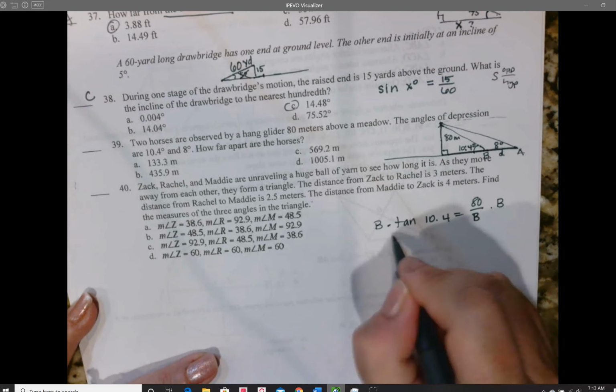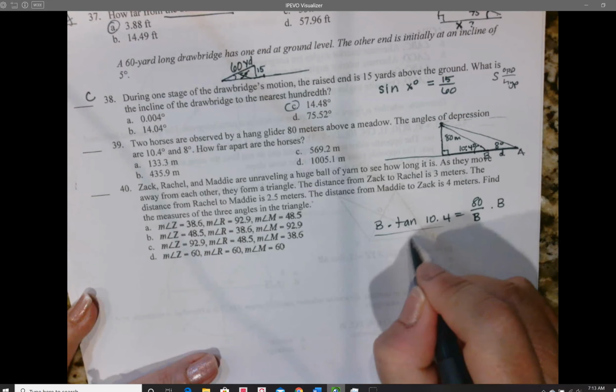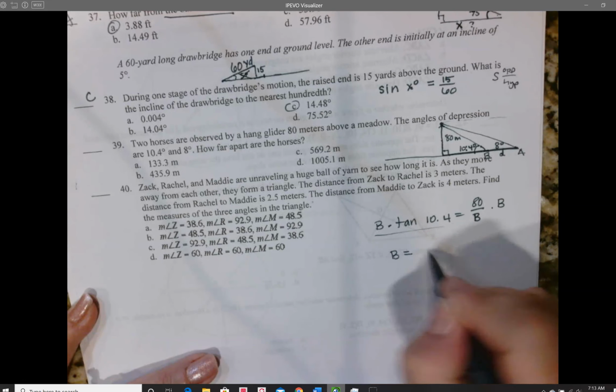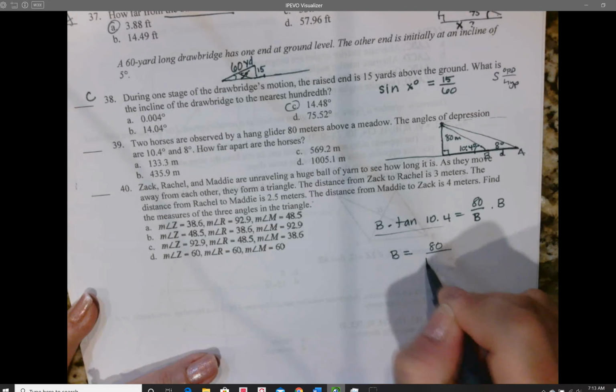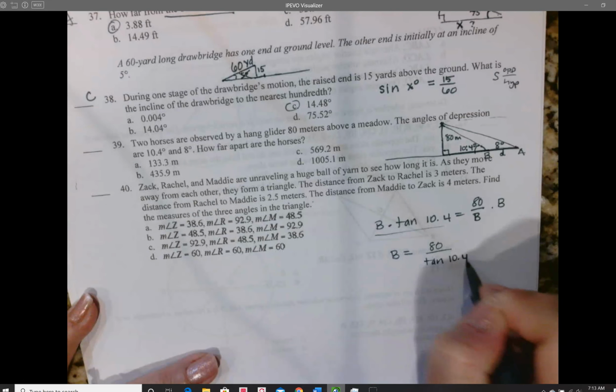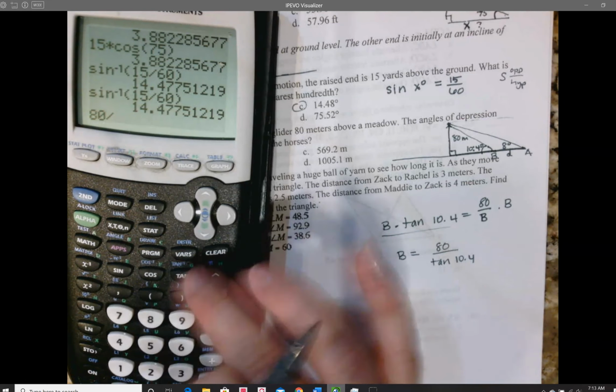And so I'm going to move my B over, and I'm going to divide both sides by tangent. So I get B equals 80 divided by tangent of 10.4. And so that number is going to be 80 divided by tangent of 10.4.